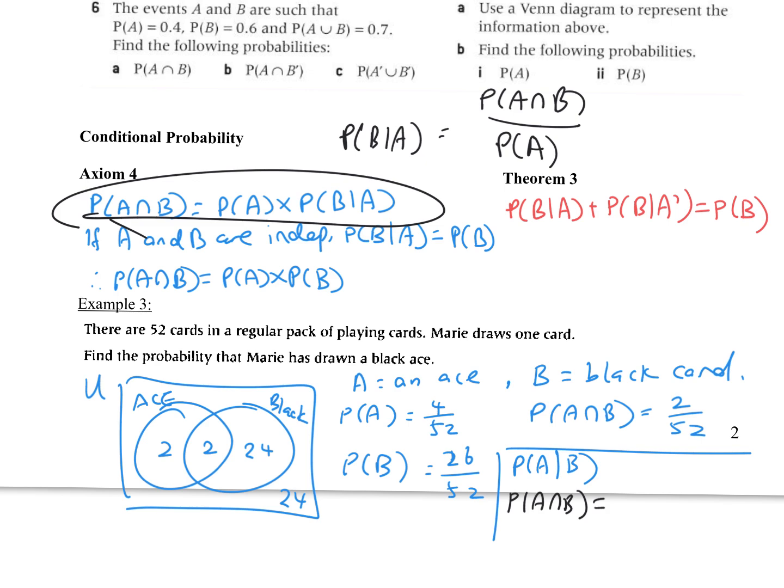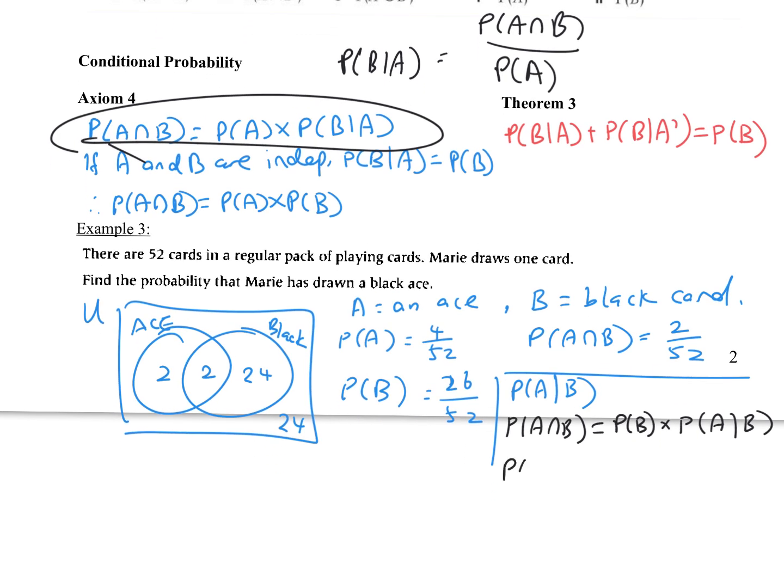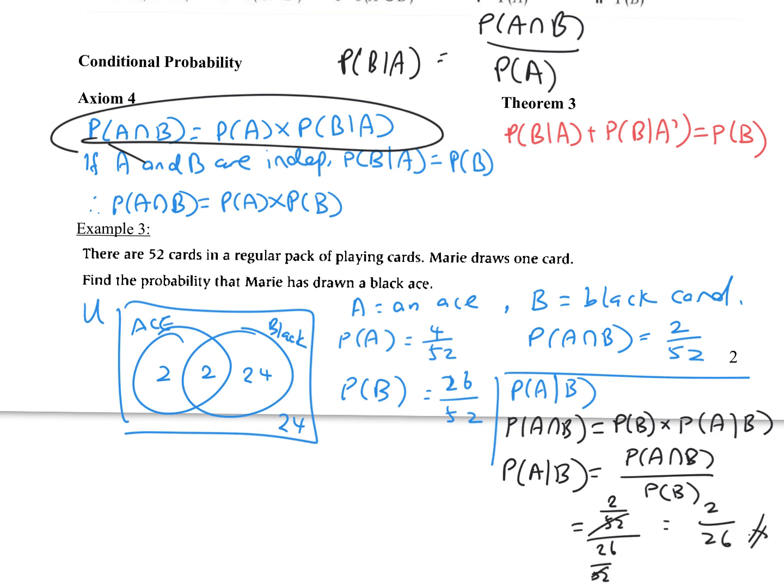P of A intersecting with B will be P of B multiplied by P of A given B. Therefore I can say that probability of A given B is equal to probability of A intersecting with B divided by probability of B. In this case it will be 2 out of 52 divided by 26 out of 52. And if we simplify that, you get 2 out of 26 as the answer.